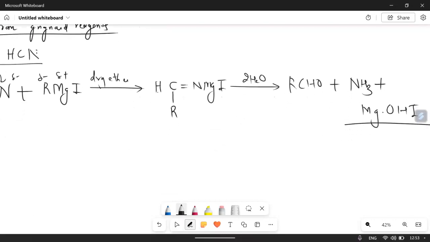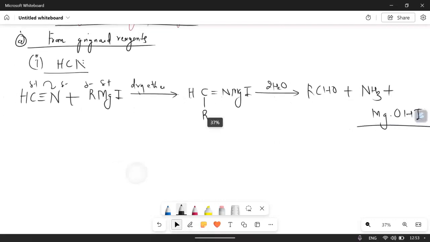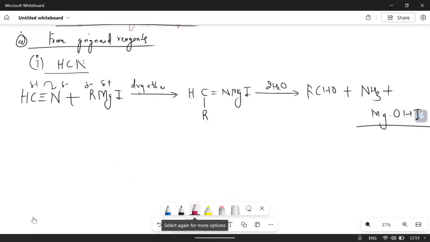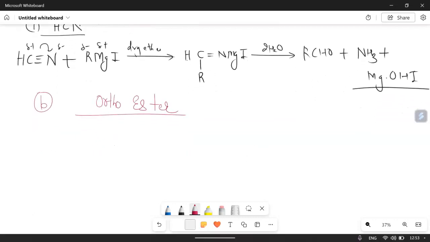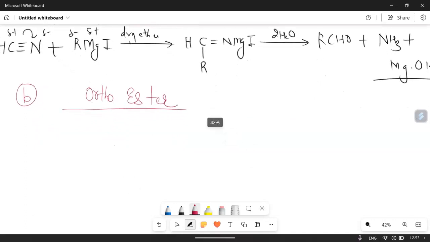I hope you are able to understand this reaction clearly written here. Okay, the second method is orthoester. You can use orthoester. Okay, so let's start with it. The reaction looks like that.